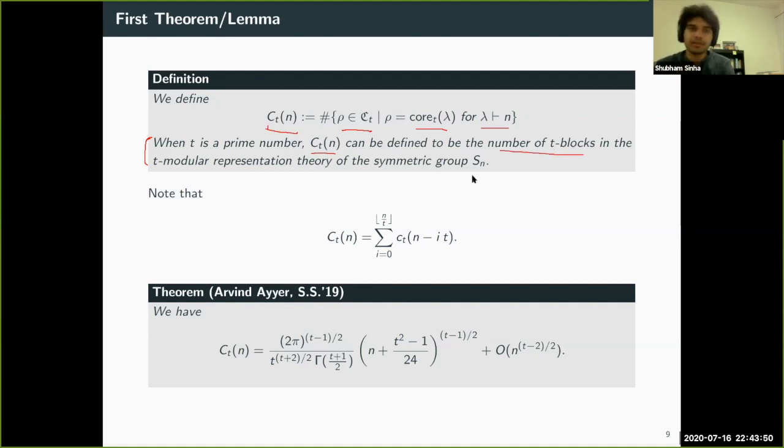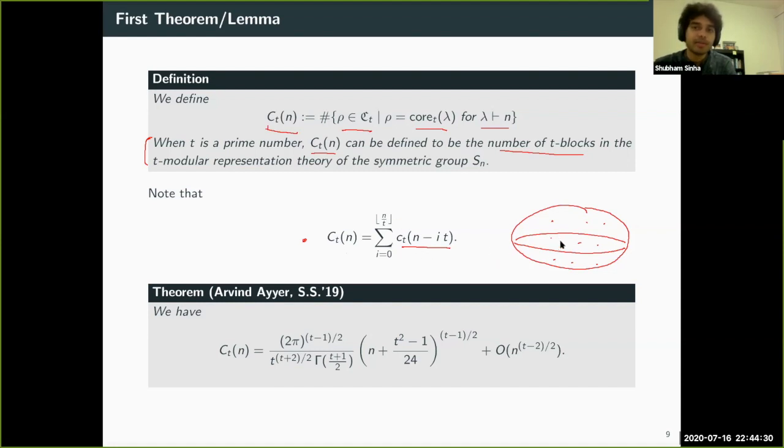We won't go into the details of this, because we will do mostly the combinatorial analysis in this talk. Simple combinatorics can tell you that this number is a certain sum of the number of t-cores. Finding the number of t-cores of any size is basically trying to find certain lattice points on the ellipsoid.